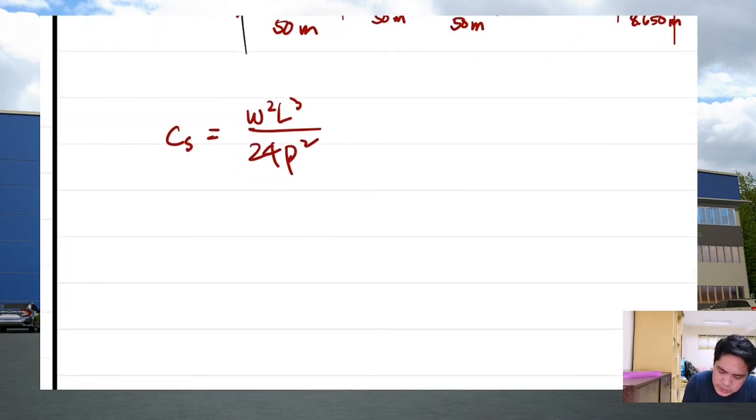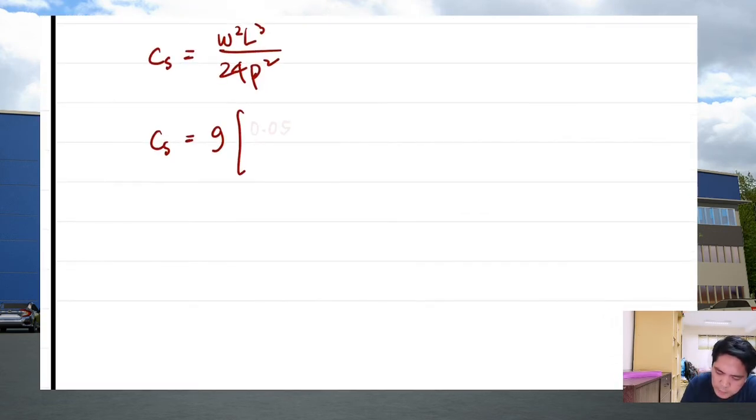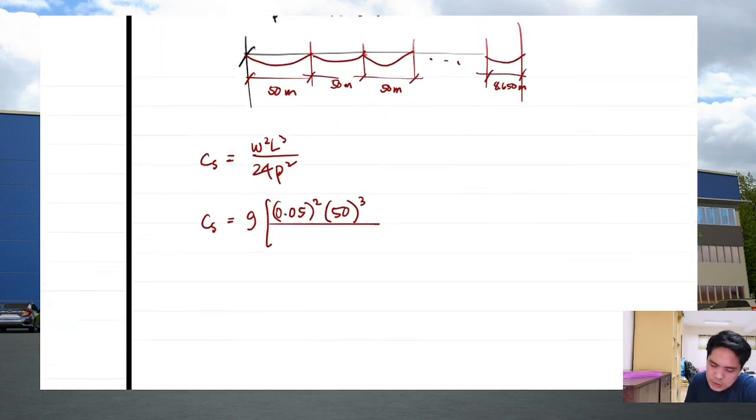So, therefore, yung CS natin is equal to 9 times with 50 meter length na ginamit and plus yung last na part is 8 meters na lang yung ginamit. So, 9 times of W, which is, yung W natin is 0.05 squared times the length na 50 cube. So that's in meters, pero okay lang, maka-cancel out naman yung mga centimeters.